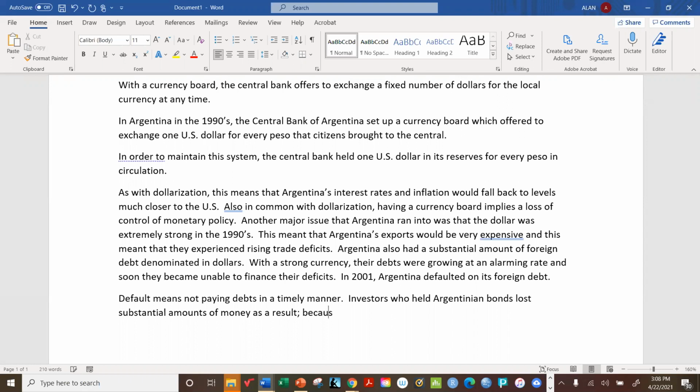And then because of this, Argentina was unable to borrow from foreigners for many years afterwards.